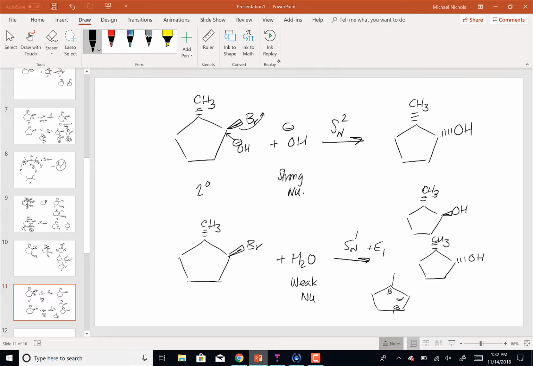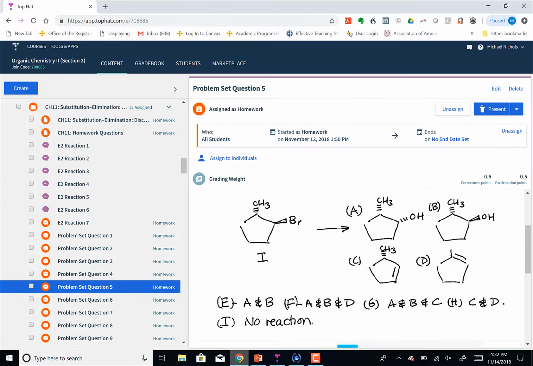Top. So all three of those products are the major product. So that means it's going to be A and B and D, which is choice F.